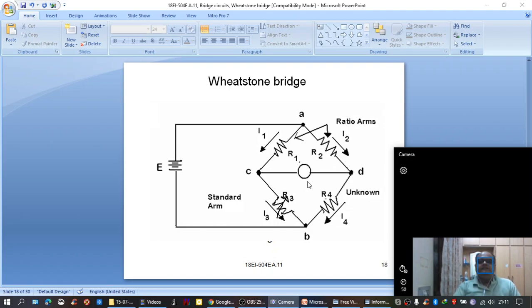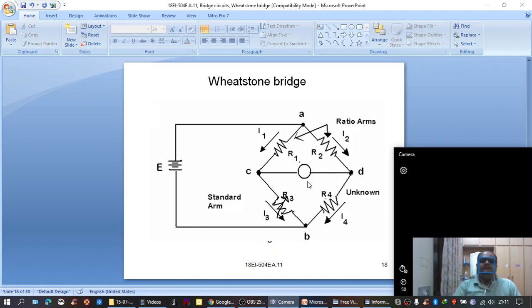At that point, the voltage at terminal C with respect to B is equal to the voltage at terminal D with respect to B, and since the meter is placed between terminals C and D, both are at the same voltage, no current flows through the meter, and it indicates 0.